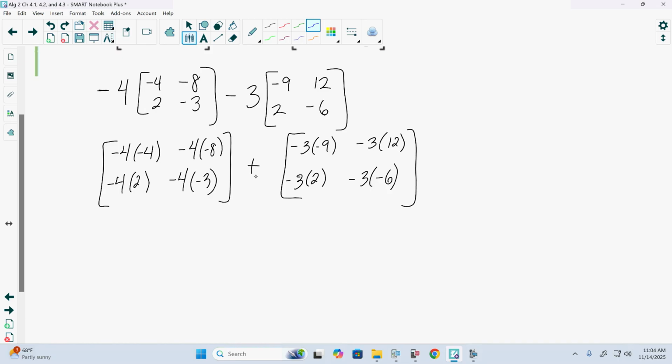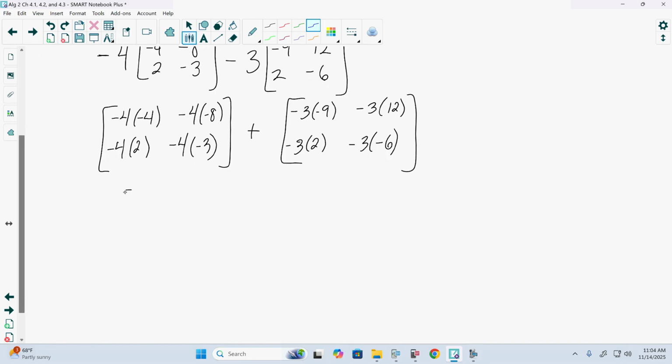Now at this point here, we can start multiplying. -4 times -4 is positive 16. -4 times 8 is 32. Negative 4 times positive 2 is negative 8. And negative 4 times negative 3 is 12.